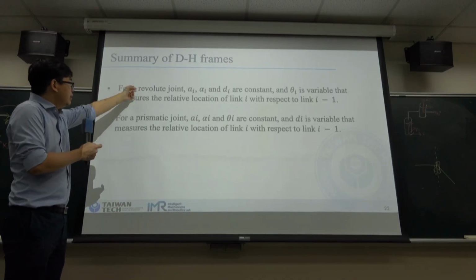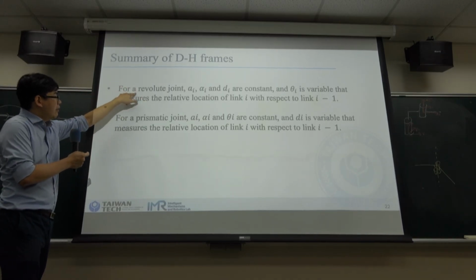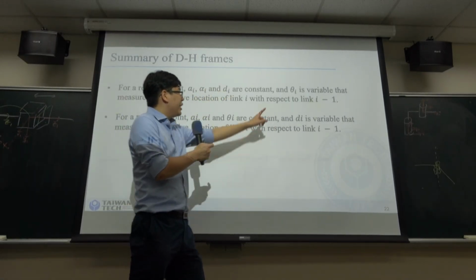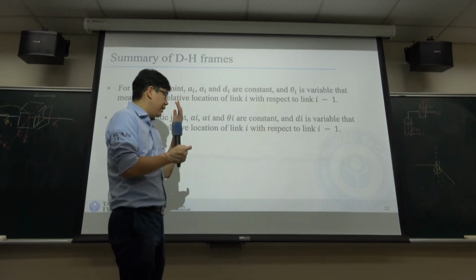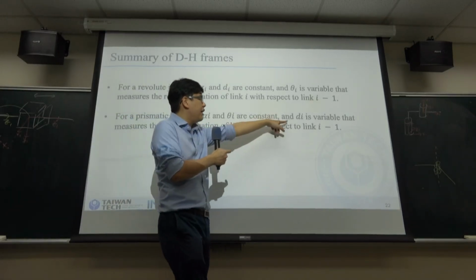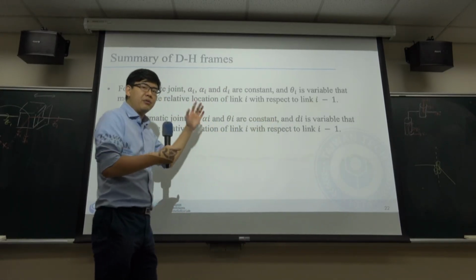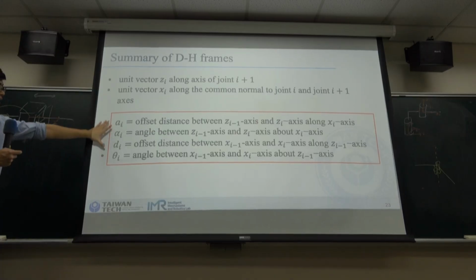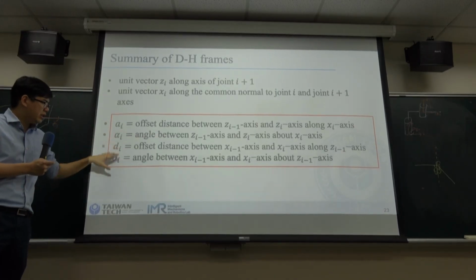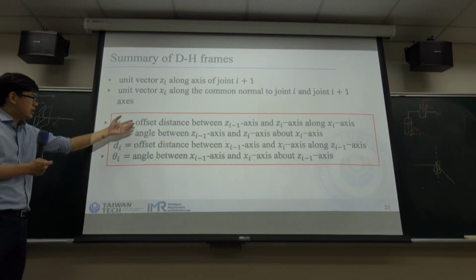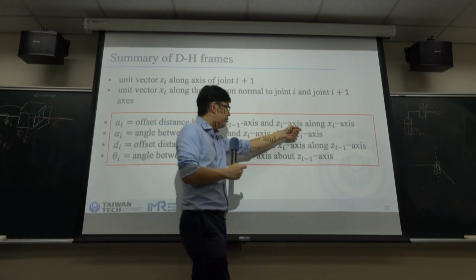This is just a summary that for revolute joints, A, alpha, D are constant, and theta is a variable. For prismatic joints, A, alpha, theta are constant, and D is a variable. I think we have already introduced this from the last slide. So we can just see the words inside this red bracket. What is A? You can just follow this sentence.